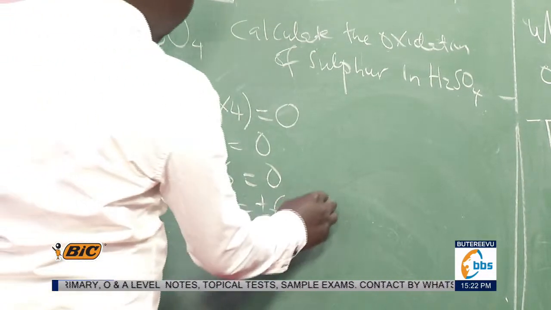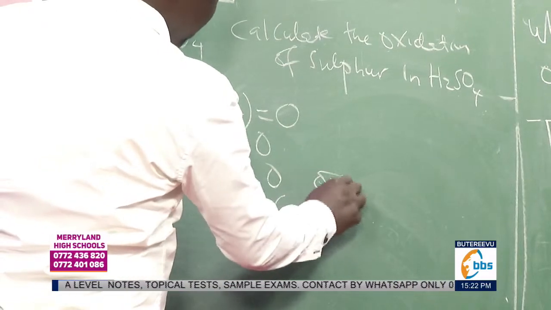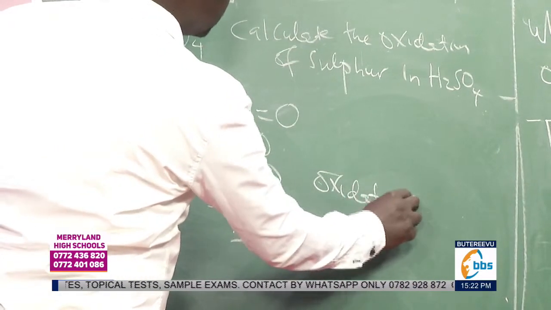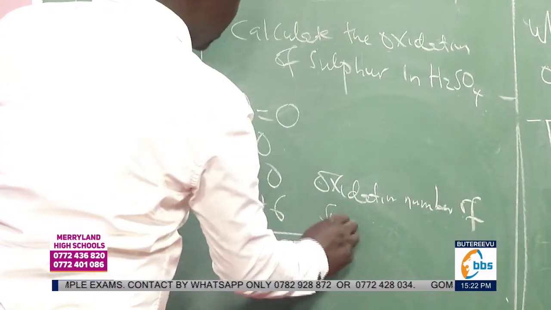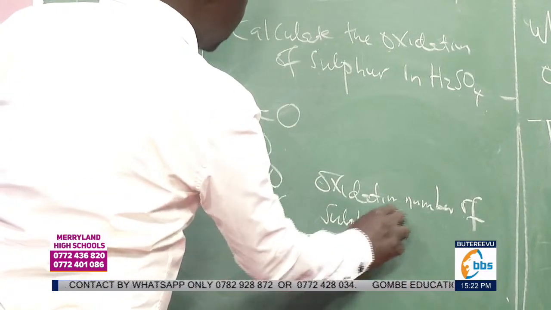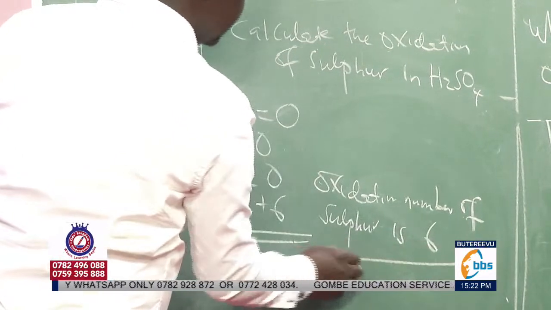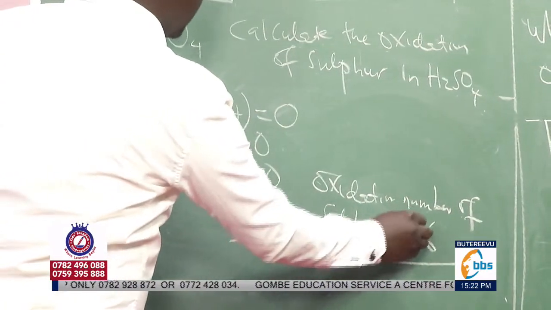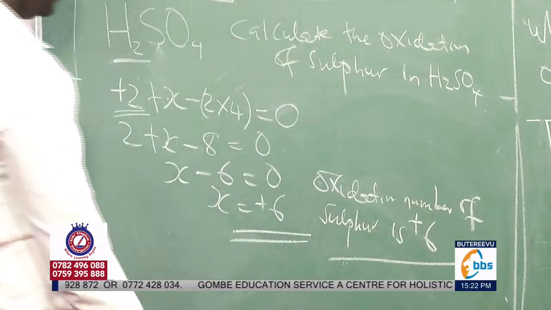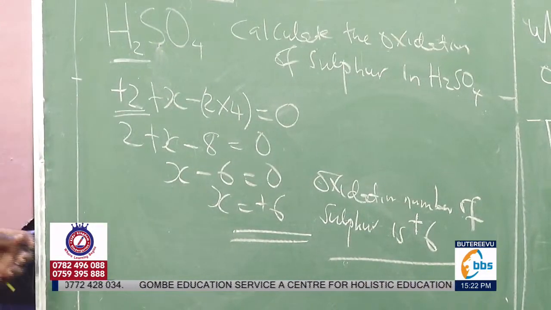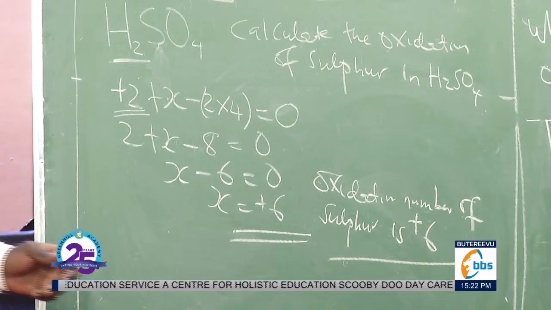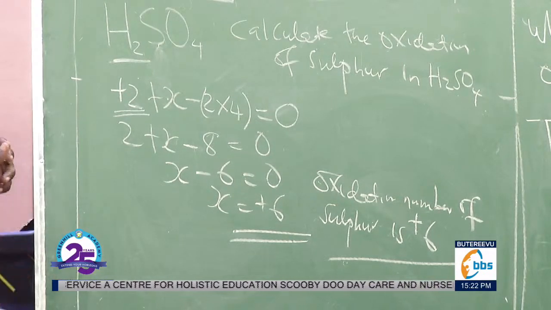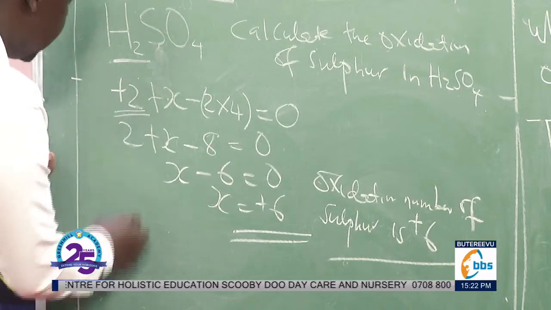So therefore, the oxidation number of sulfur here is 6. Don't forget the sign, positive 6. When you say 6 only without the positive, it becomes wrong.